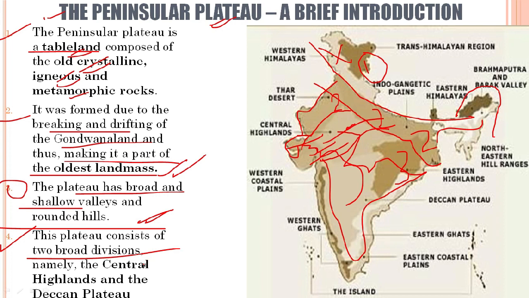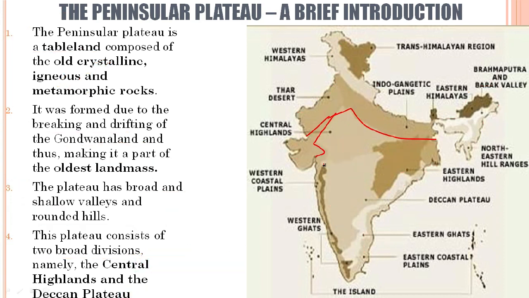Here we can see the plateau consists of two broad divisions, namely the Central Highlands and the Deccan Plateau. Students, if we try to divide the regions of this plateau, we broadly divide it into two halves: the Central Highlands and then the Deccan Plateau, the Southern Plateau.